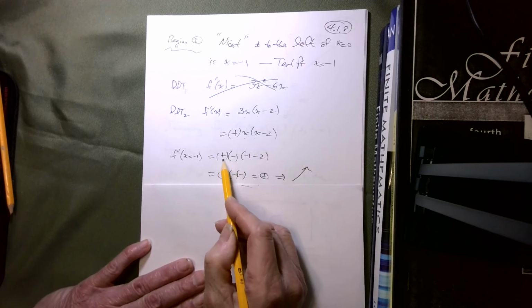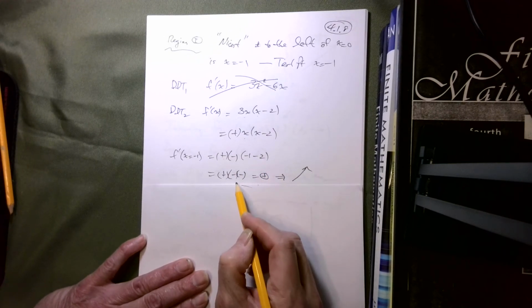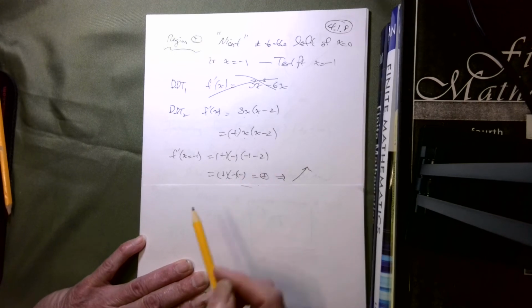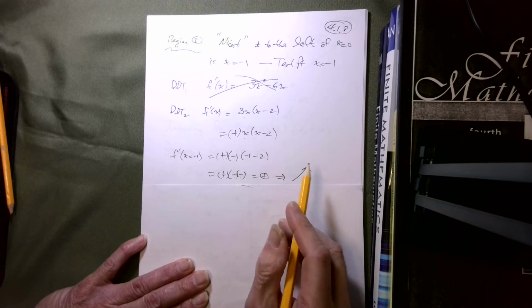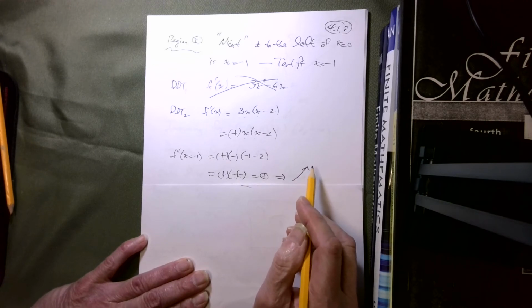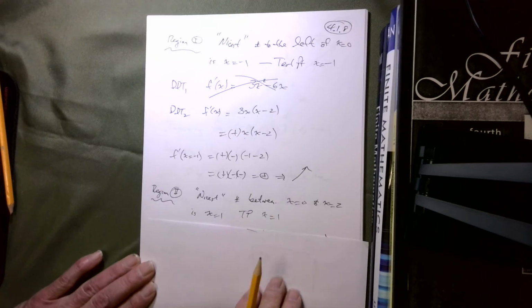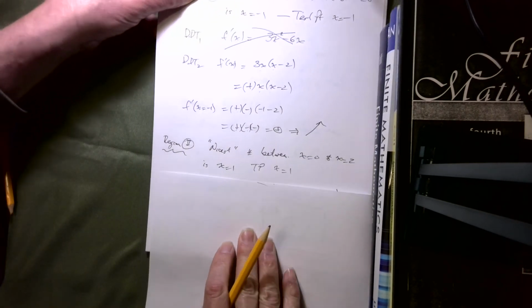The 3 is a positive number. This is a negative number. This is also a negative number. Please don't tell me what this number is. All I want to know, is it positive or negative? Two negatives or positive? What does that mean? It's increasing.